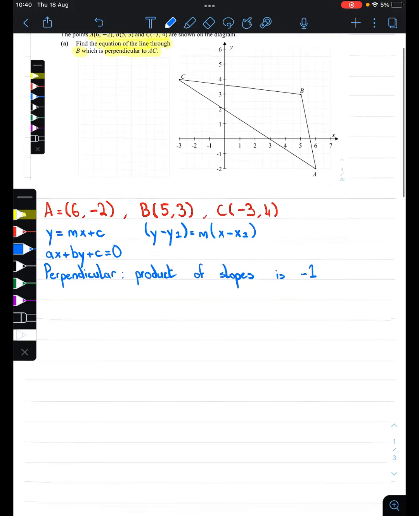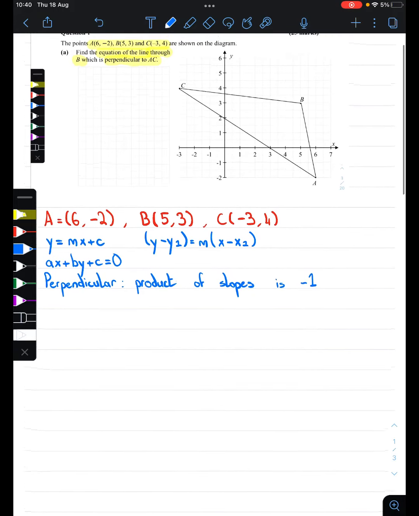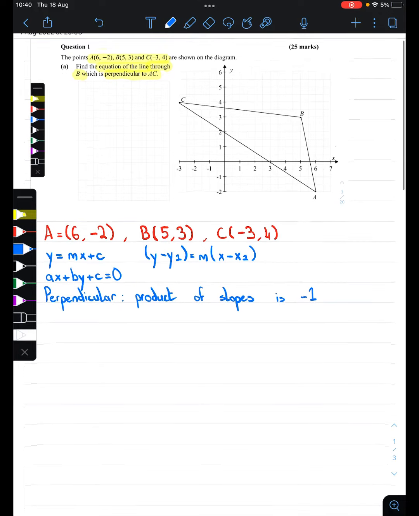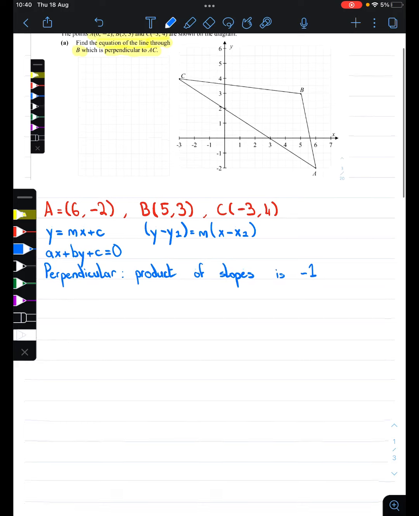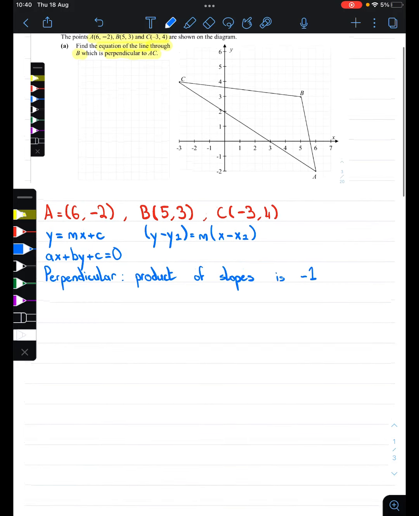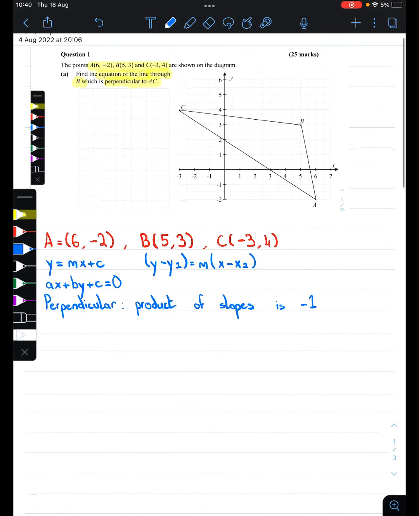So the slope of the line we're looking for and the slope of AC, the product of those is -1.